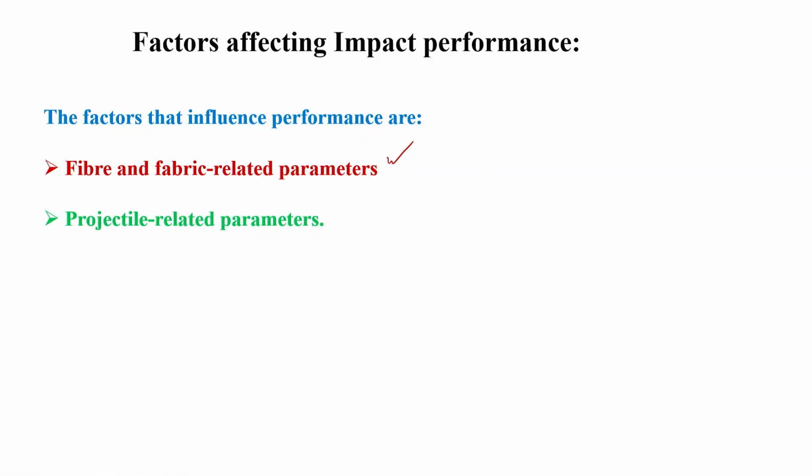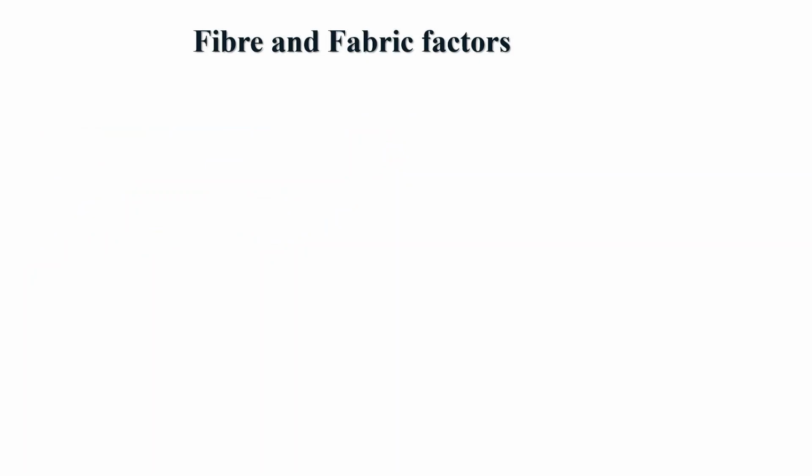Next is the projectile related parameters: projectile shape, projectile mass. Depending on these projectile related parameters we have to design our clothing. Projectile velocity. Now, first let us discuss the fiber and fabric related factors.